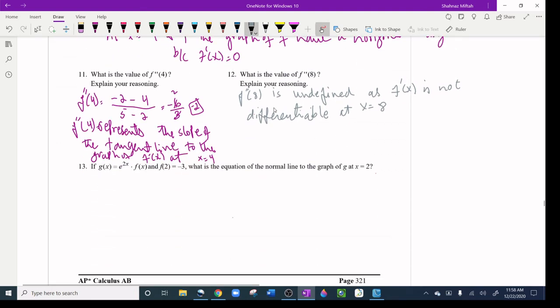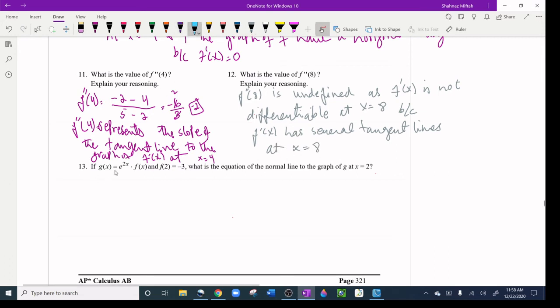I can also say that because f prime x has several tangent lines at x equal 8.